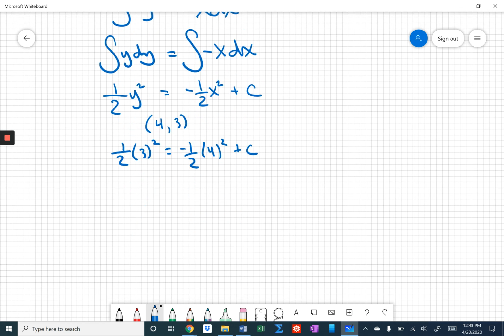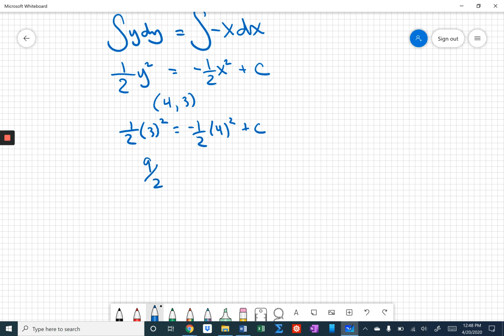And with this, what do we get? 9/2 is equal to negative 8 plus c. I guess I could leave that because I already got the 9/2. I could leave this as negative 16/2, so I already have that common denominator there. So that ends up being 25/2 when I add the negative 16/2 to both sides. That's going to be c.